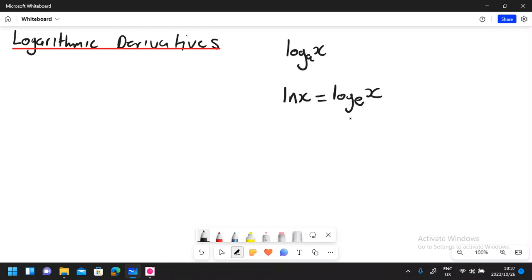Now some of you may wonder, why do we have e as a base here? What you need to know is that the natural logs always have the base of e, but we don't write it because it is implied. Just like our standard logs: if we have log like this, we know that the base is going to be 10, so we don't write it because we assume you've been taught.